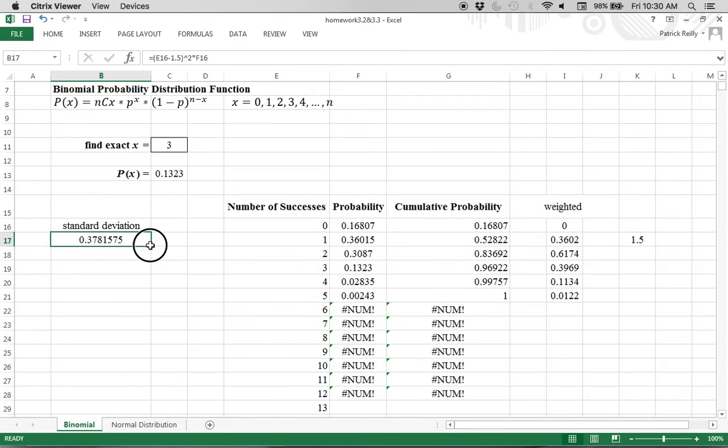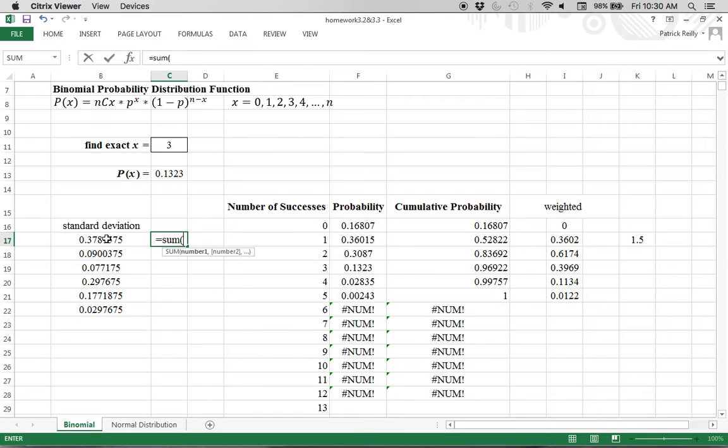Okay, and then drag this down, and then just sum that. Just add all those together.